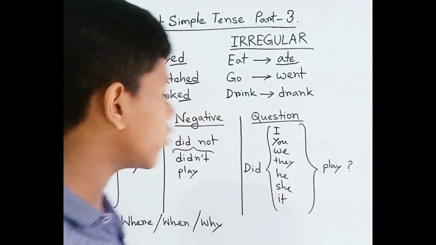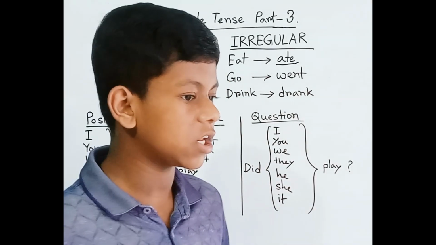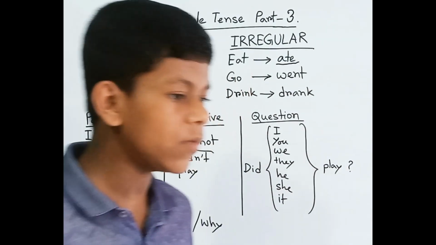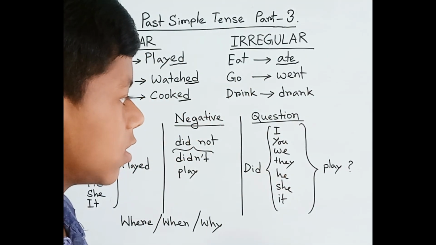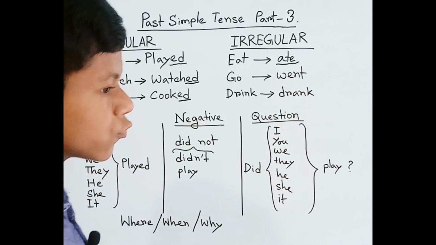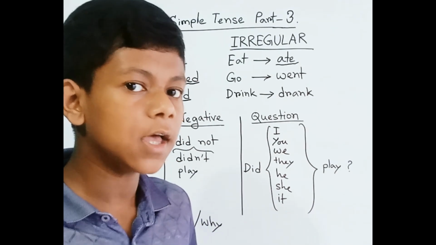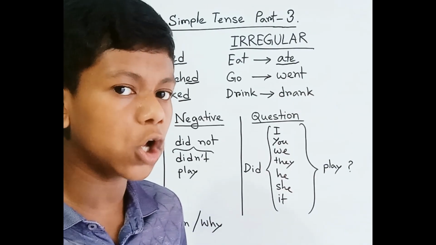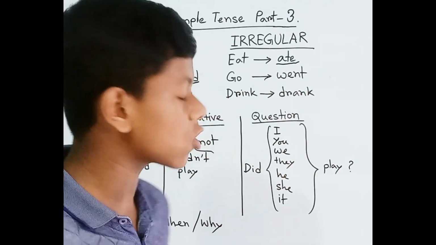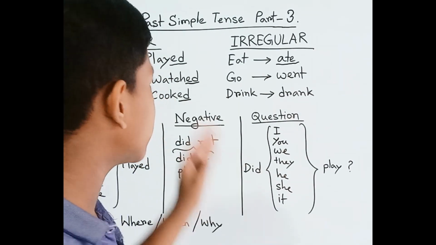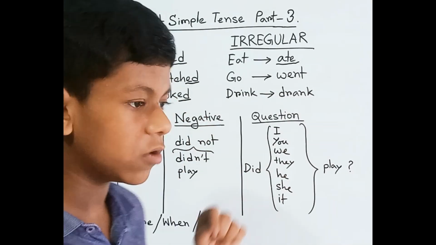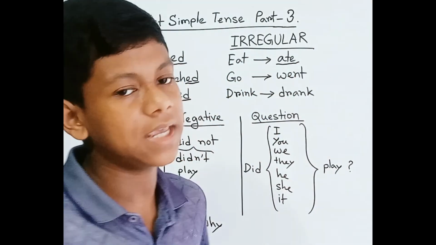So here we have already understood regular and irregular, but we will learn them step by step. We will go into the regular verbs topic during the past simple first. If you learn the regular, then you can do the irregular.